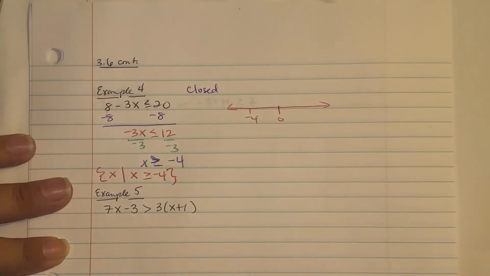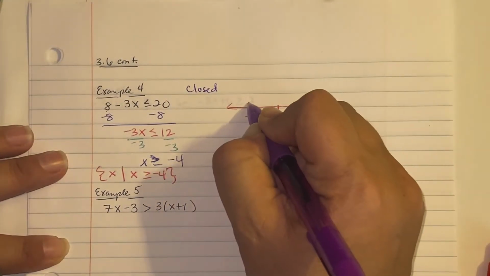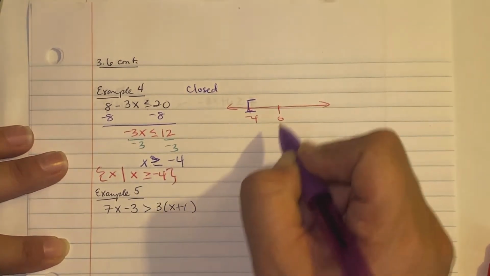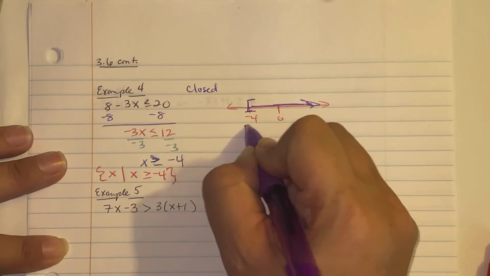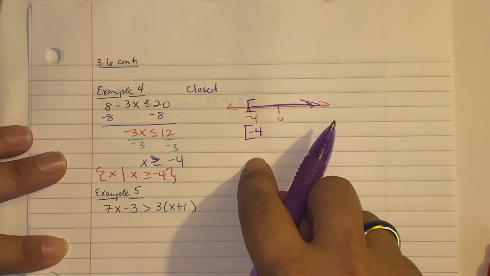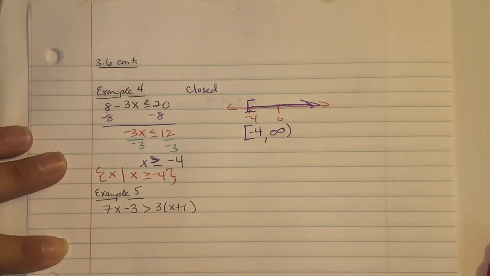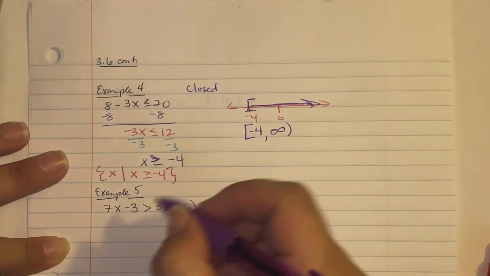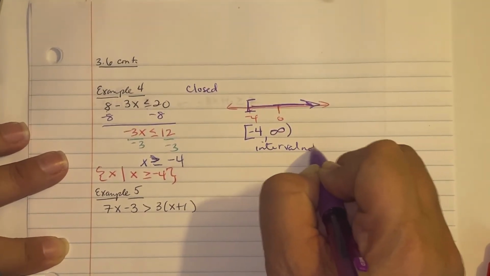We're including the value of negative 4, so you have a bracket at negative 4 and it's going to the right. So your interval is going to be a bracket at negative 4, comma, infinity with a parentheses. That would be your interval notation, and the one down here is your set builder.